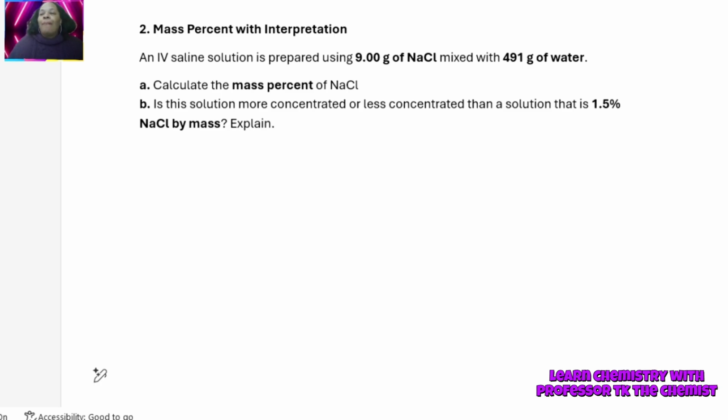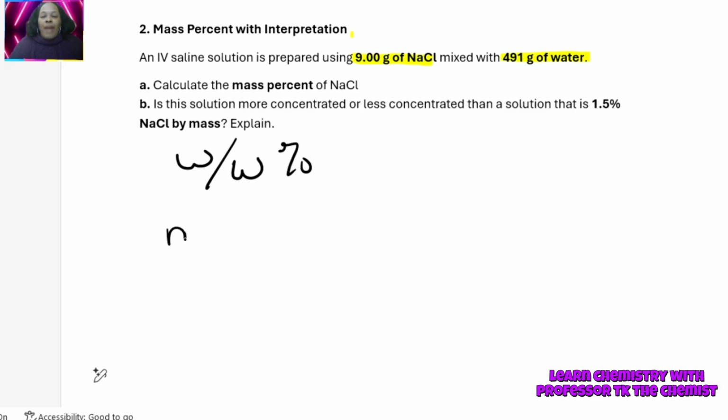sodium chloride by mass? Now, to answer this question, first you got to do part A, because you don't know the answer until you do part A. So what you're going to do here, you're going to divide these two numbers that I'm highlighting. Divide, because remember, this is a weight by weight percent problem.